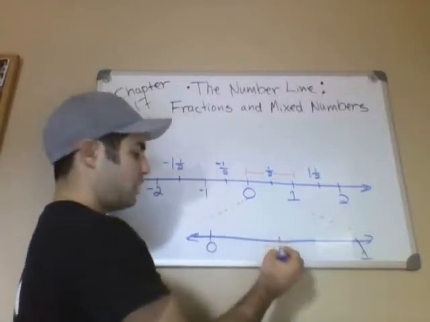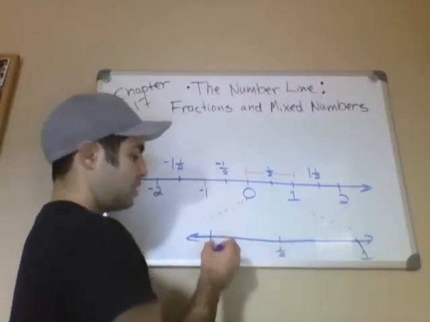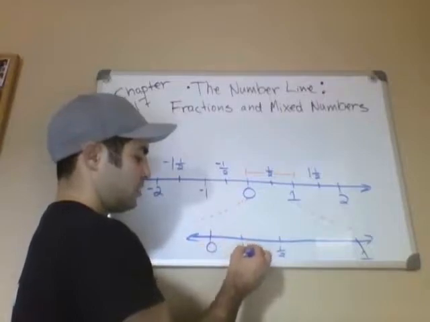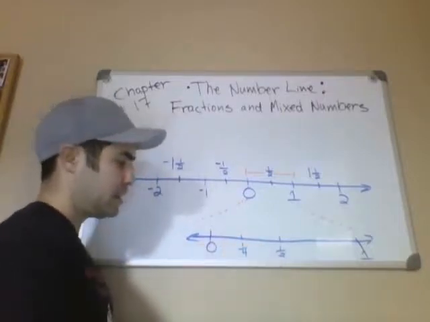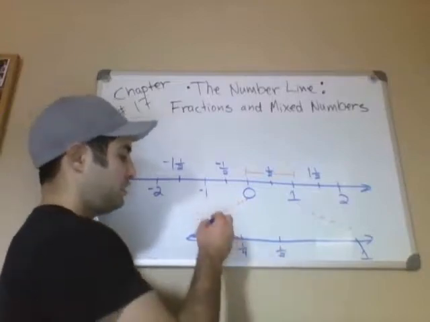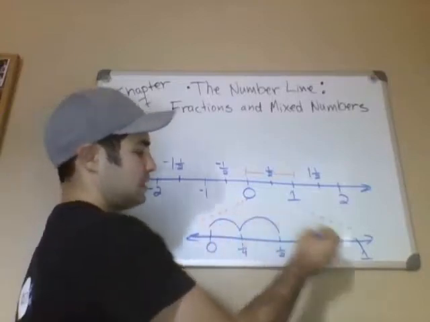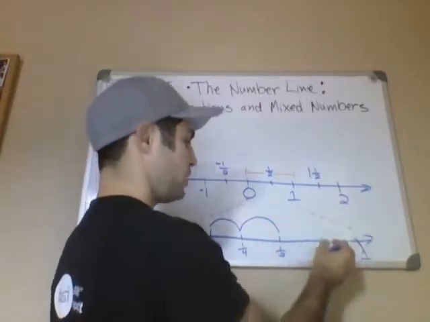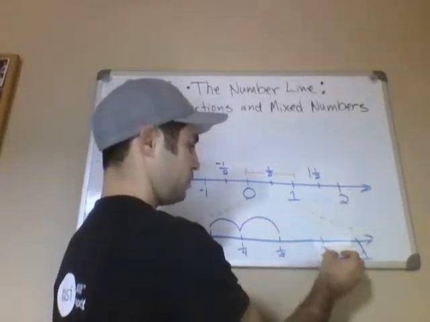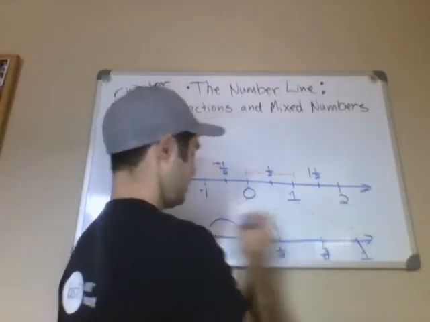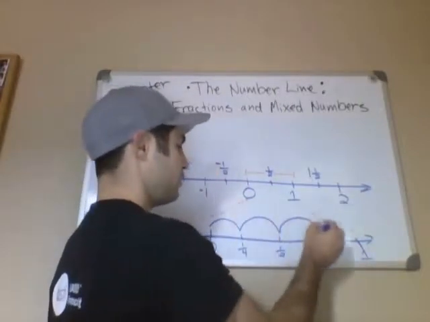In between 1/2 and 0 is 1/4. Okay? This is 1/4, 2/4. In between 1/2 and 1 is 3/4. So that is 1/4, 2/4, 3/4.